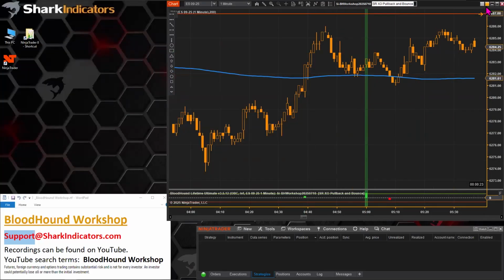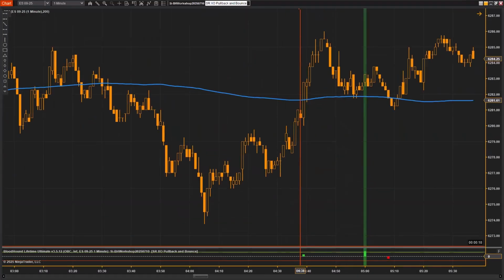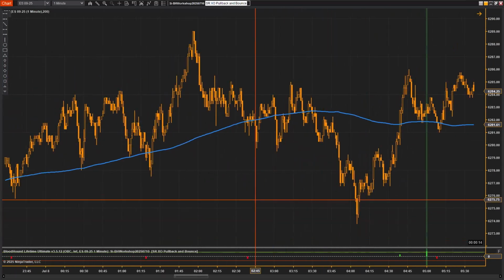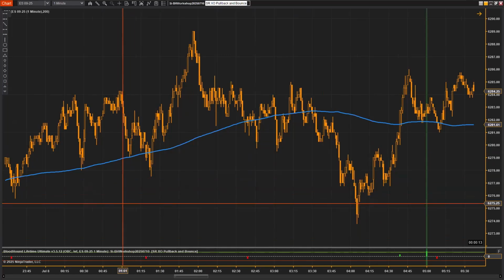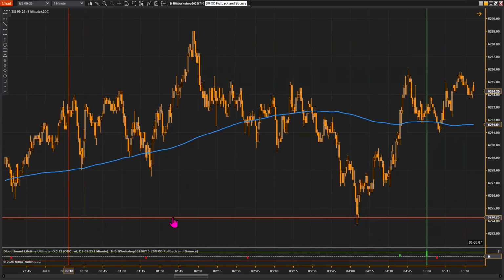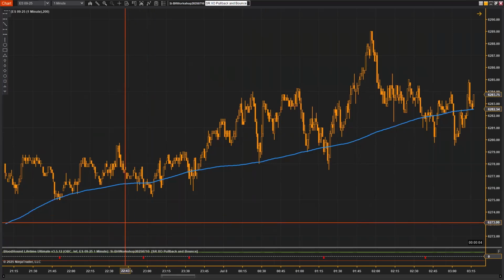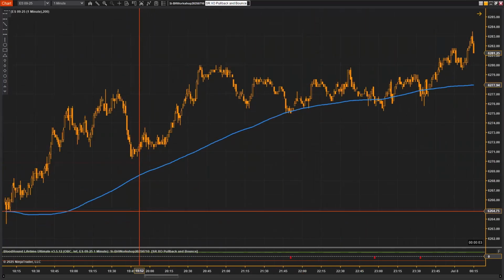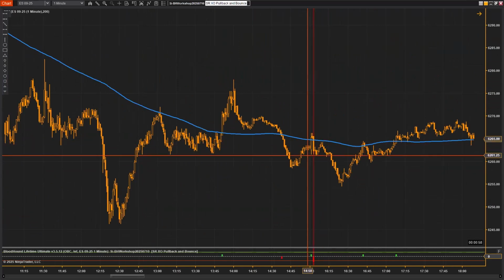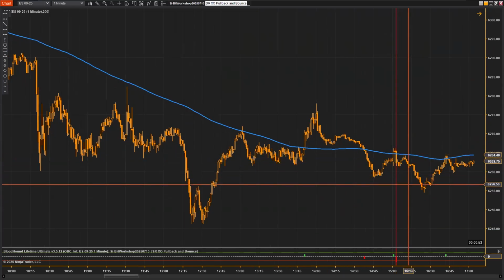All right, so let's continue our debugging session here. Here we go. All right, that looks nice and clean.